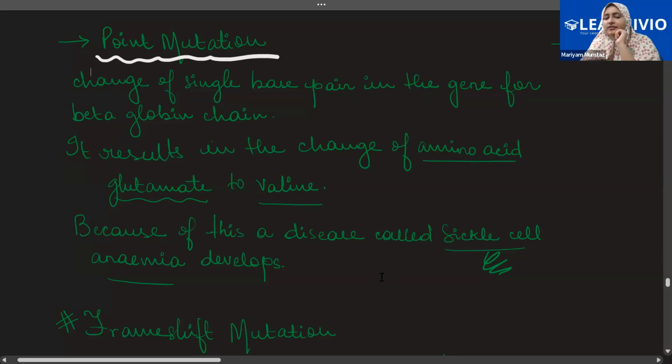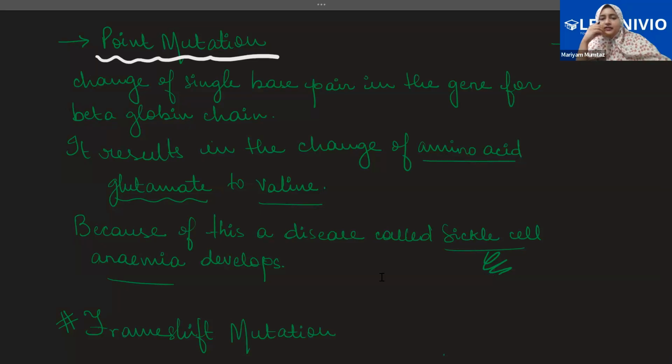And what actually happens during sickle cell anemia? Can anyone explain in a very quick manner why it is known as sickle cell anemia? Is there anyone in the class who can explain? The shape of the blood cell changes.